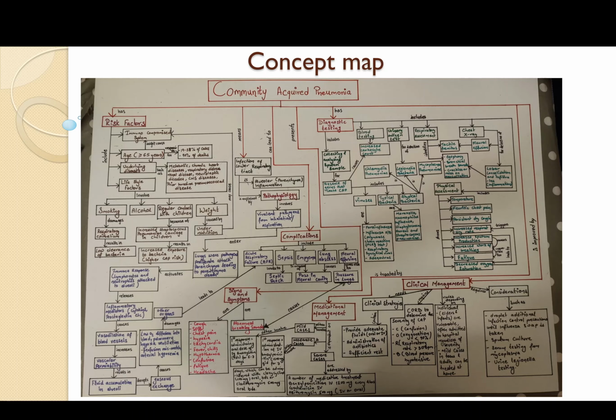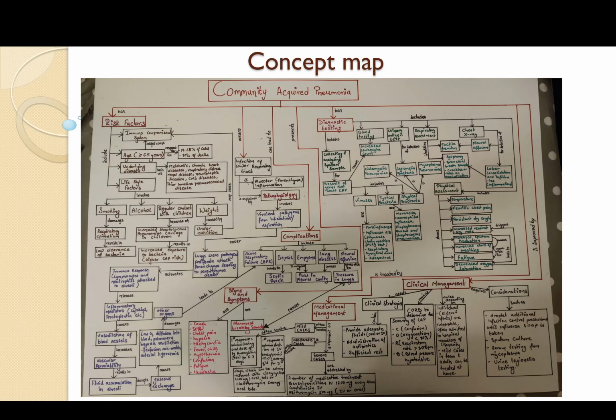Under the risk factors, we can see immunocompromised system, age, underlying diseases, and lifestyle factors. In the lifestyle factors, there are still some more that we can discuss and how it leads to increased exposure to community-acquired pneumonia.